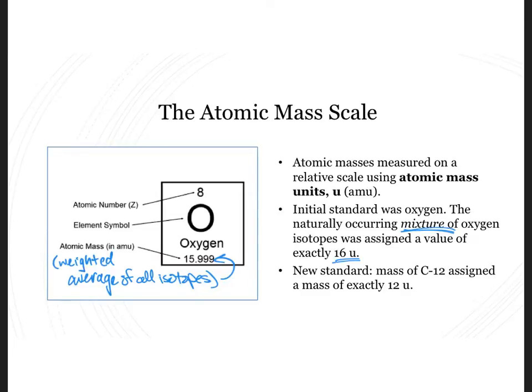In 1961, the mass of carbon-12 was designated as the new standard, with carbon-12 atoms assigned a mass of exactly 12 u. For reference, atoms will have masses between 1 and 250 atomic mass units.